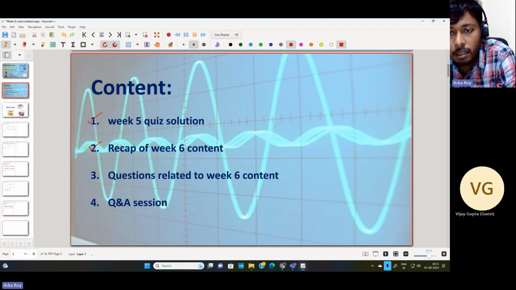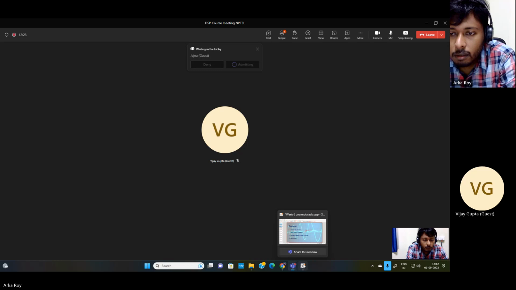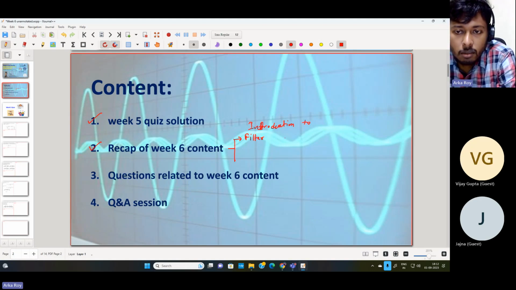In week 6, the main theme is the introduction to filters, which basically comprises IIR filters, that is infinite impulse response filters, and the FIR filters, or finite impulse response filters.